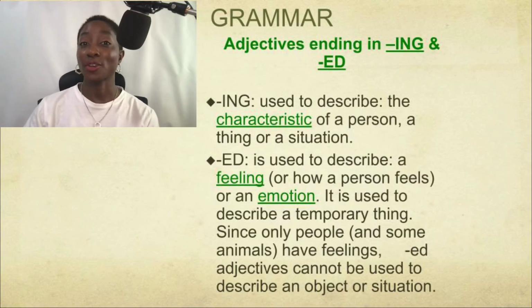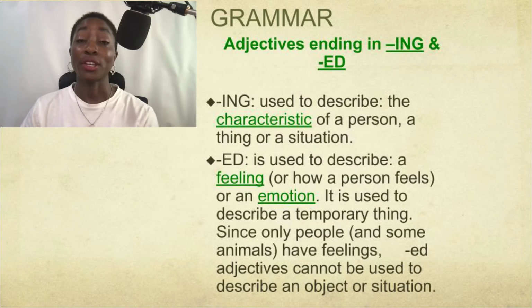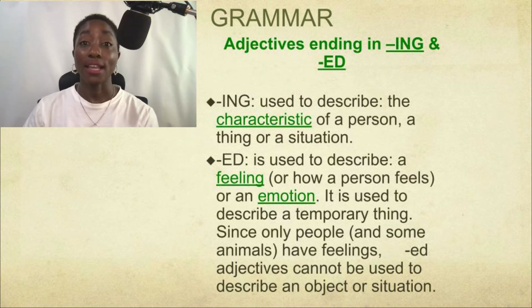Now let's look at the grammar. Our grammar point for today is adjectives ending in ing and ed. Ing is used to describe the characteristic of a person, a thing, or a situation.